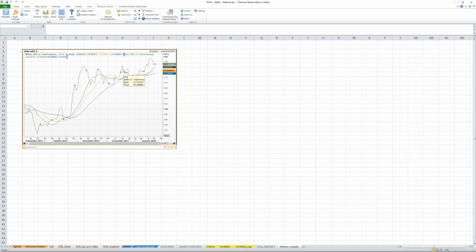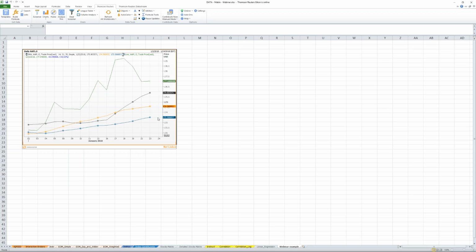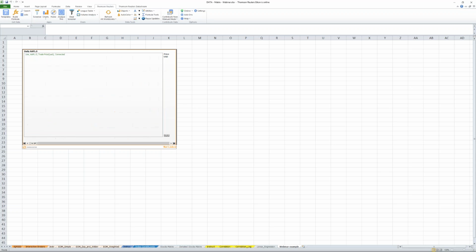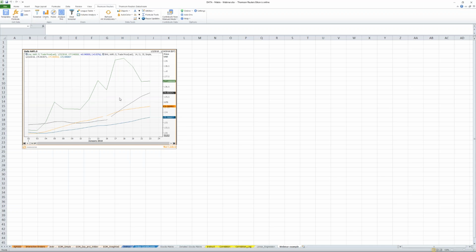This is the price. We could do this week, and these are the moving averages. Let me show you how to add the moving averages.